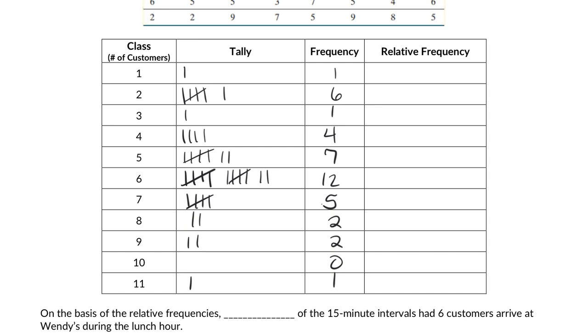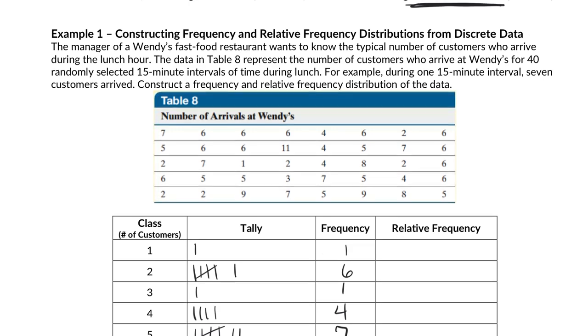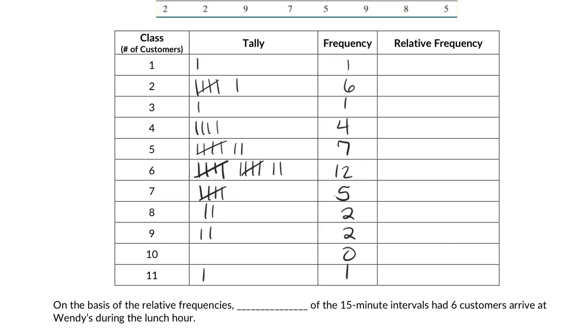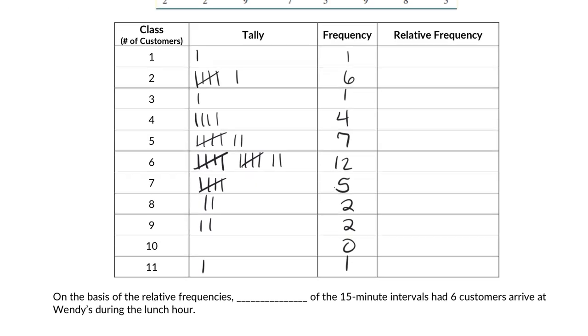It should be equal to the number of observations in my study. So we said that we are doing 40 random intervals. So the frequency should add up to what number here? 40, which it does.